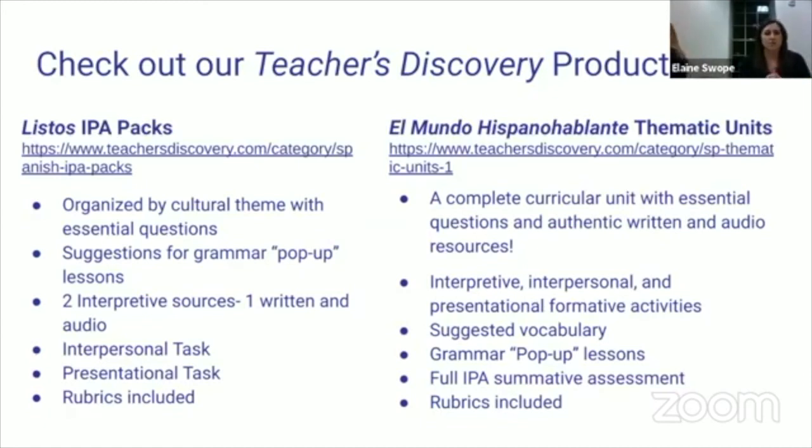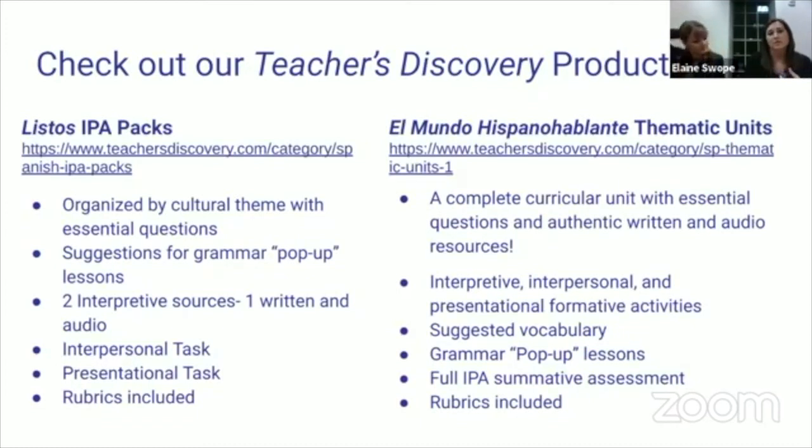So the difference between the IPA Packs and the thematic unit is the thematic unit has everything you need for your quarter, basically. So it starts off by the unit, so for example, celebrations or food or housing, and then the essential questions, and then you'll have your suggested vocab, grammar pop-ups, a variety of IPA-like activities based on similar sources, and then you have your full IPA assessment at the end of the unit.